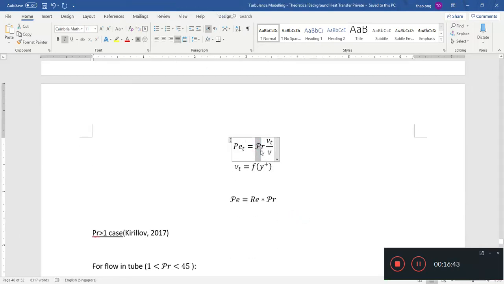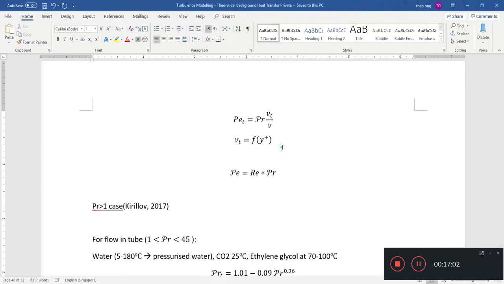So the Prandtl number is common among both of them, except here they use some ratio of the viscosities to give some dimensionless number. So that's what they use over there instead of the Reynolds number. Okay, so this is the Peclet number.